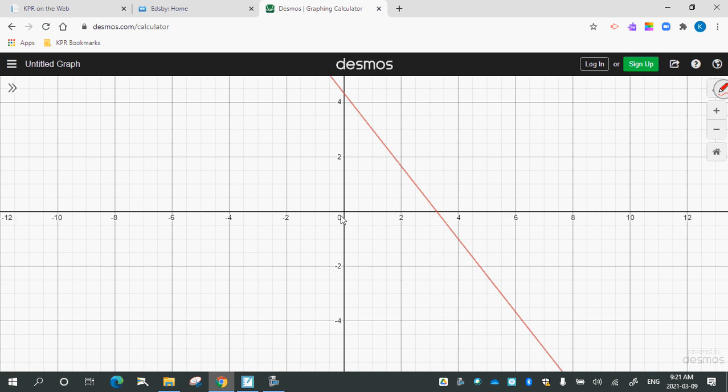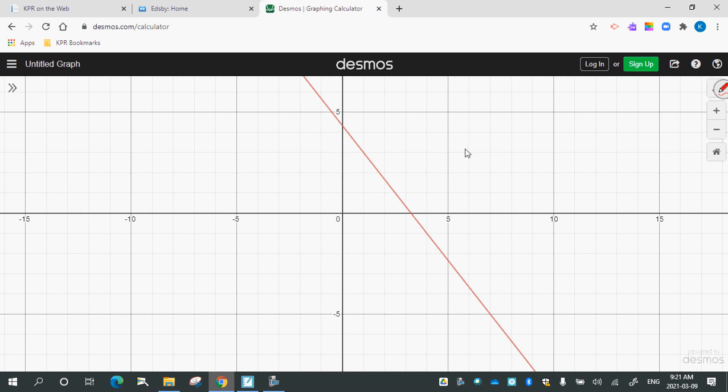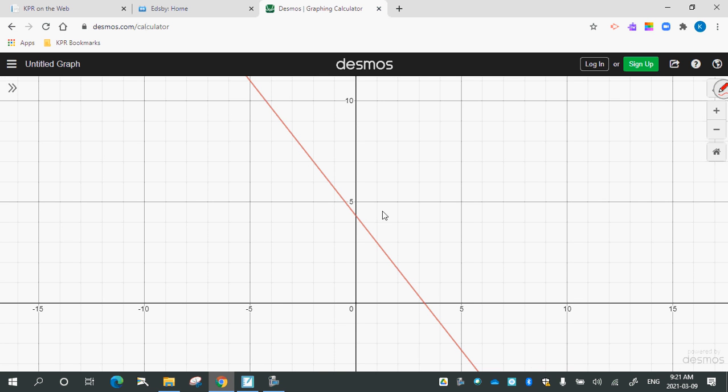So -2, 7. And we can see when I grab this and push it down, there we go. So -2, 1, 2, 3, 4, 5, 6, 7 is right there. And the other one is 4 and -1. 1, 2, 3, 4, and -1. So you can see that it's a line that goes through those 2 points.